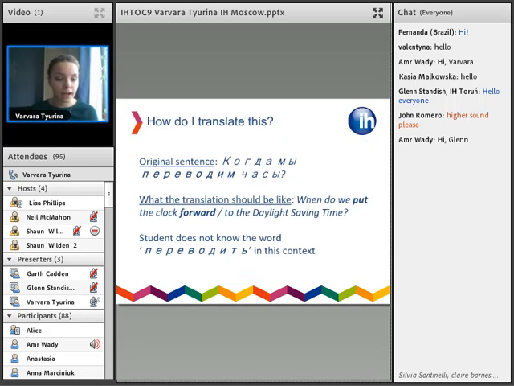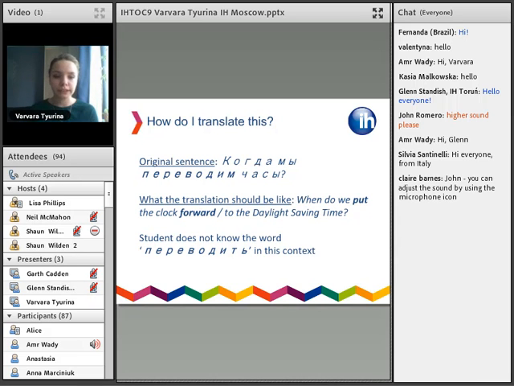So let's have a look at a very typical situation. A student has a sentence in his own language. In my case, it is the Russian language. So the original sentence sounds like this. Когда мы переводим часы. The translation should be something like, when do we put the clock forward, or when do we put the clock to the daylight saving time?